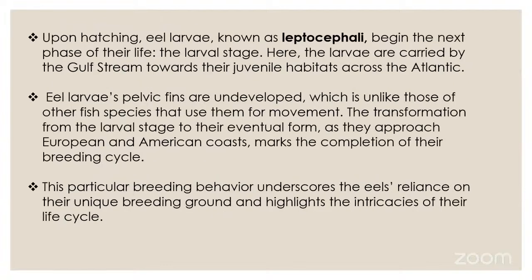fertilization. Then, upon hatching, what is the name of the eel larva? It is leptocephalus. This larva begins the next phase of their life, the larval stage. Here the larvae are carried by the Gulf Stream towards their juvenile habitats across the Atlantic Ocean.